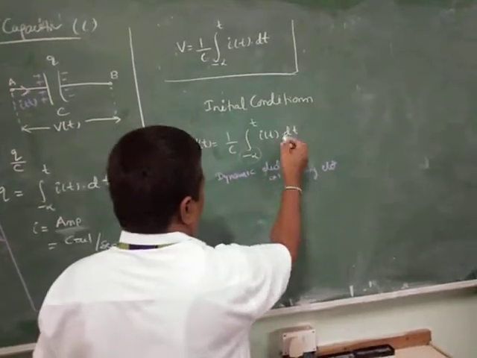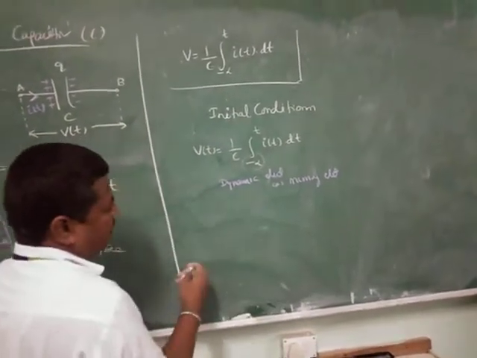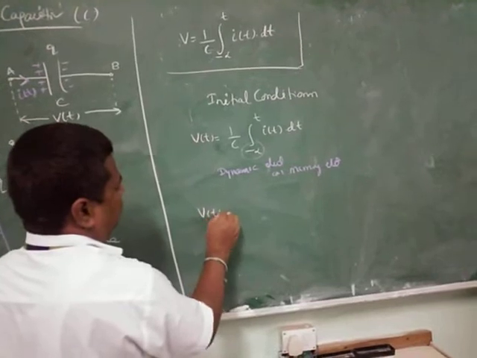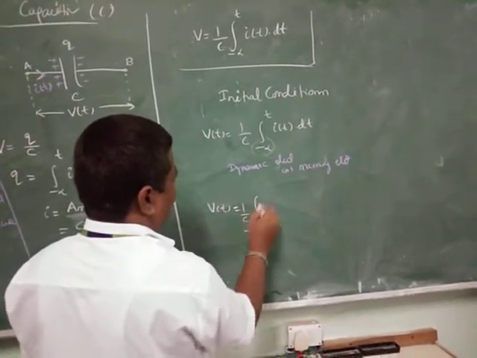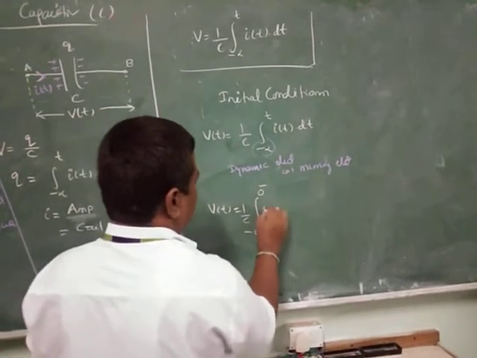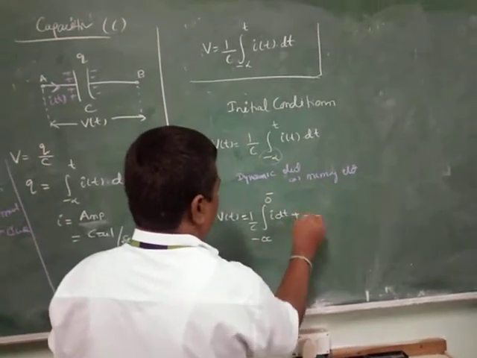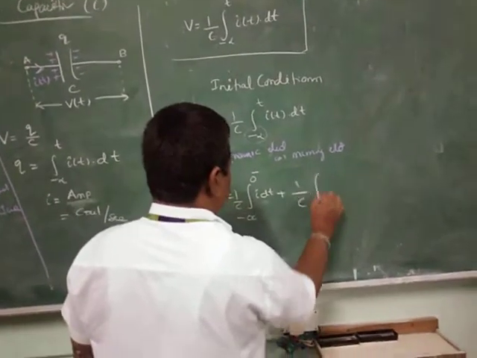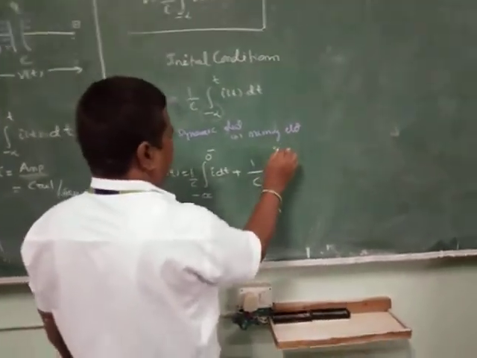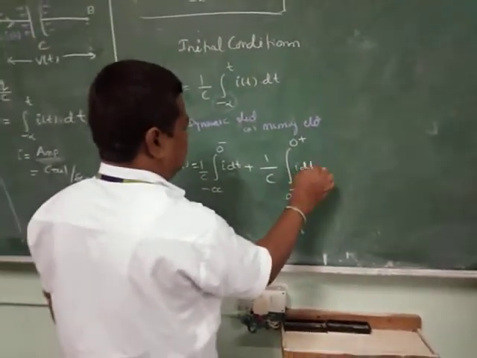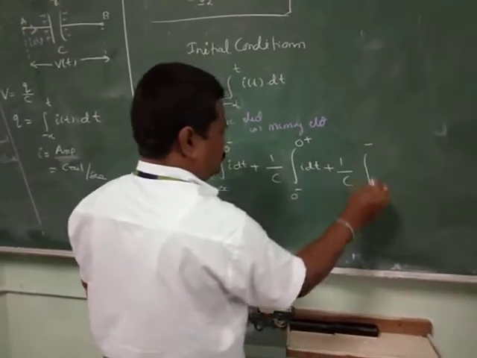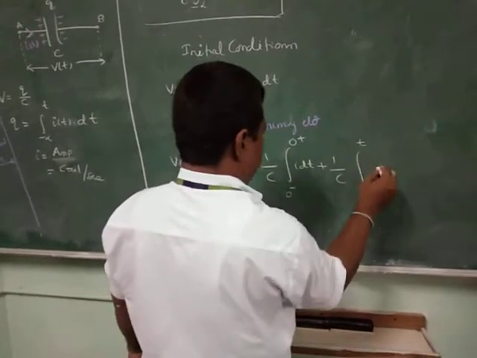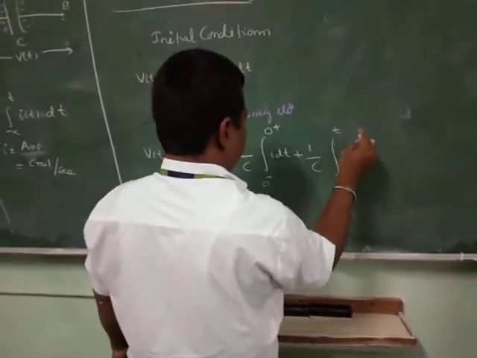This can be written, the same as for an inductor, in terms of three parts: 1 by C integral from minus infinity to 0 minus of I dt, plus 1 by C integral from 0 minus to 0 plus of I dt, plus 1 by C integral from 0 plus to t of I dt.